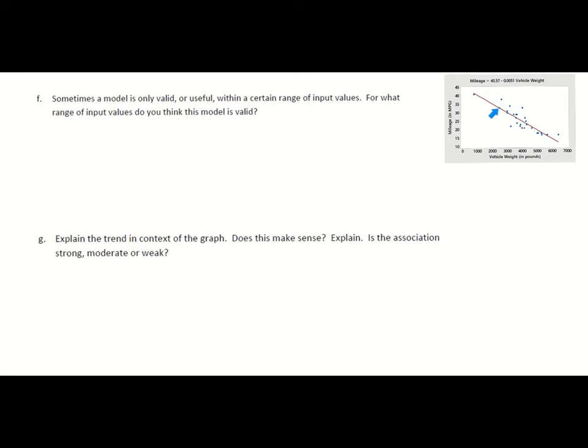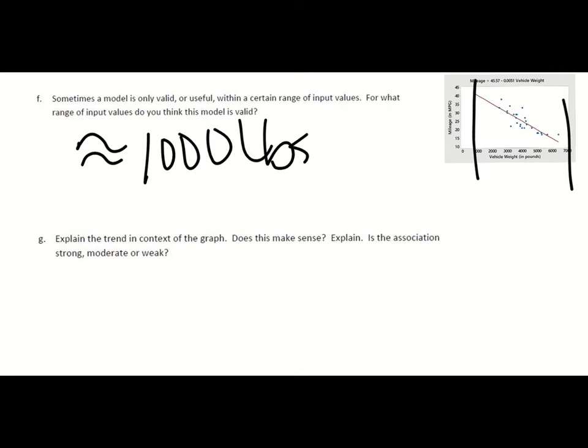This equation would not hold for a vehicle, say, that weighed 500 pounds or one that weighed 10,000 pounds. So we're going to say it holds valid from about 1,000 pounds to about 7,000 pounds.